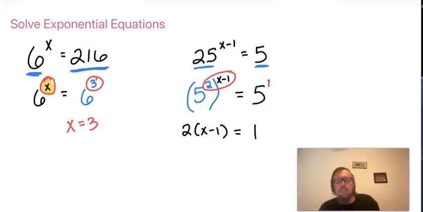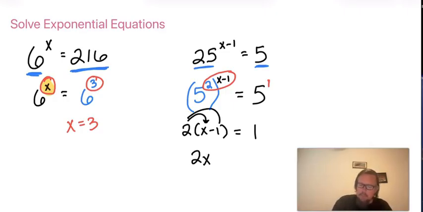We multiply the two powers together, meaning to solve this, we have to use the distributive property. So we do 2 times x, which is 2x, and we do 2 times 1, which is 2, not 1, with a minus sign in between. And now we solve this. So we'll add 2 on both sides.